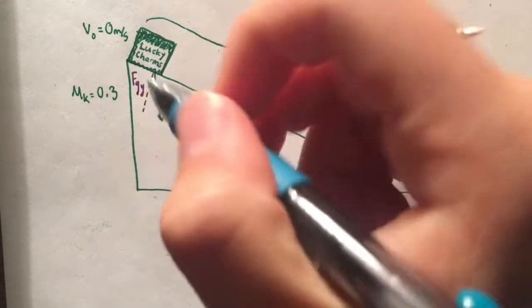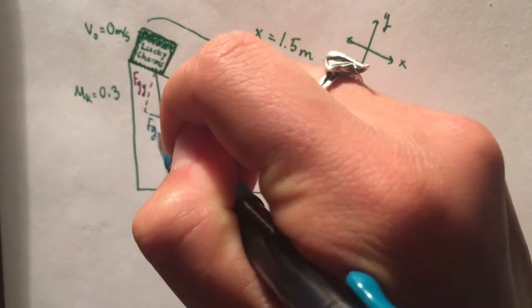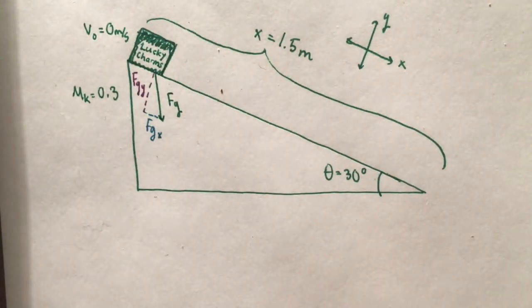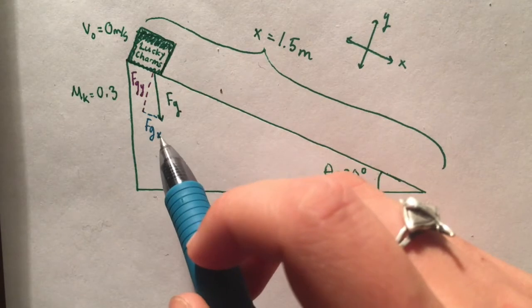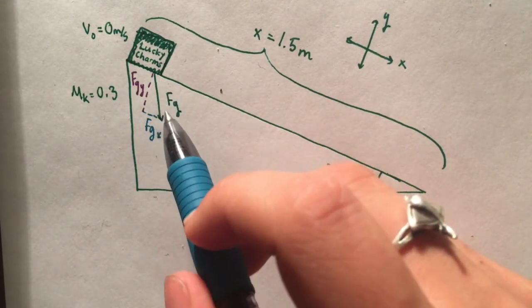And we have F_GX, which is parallel to the plane. If this is confusing, watch the video with the inclined plane problem where there is no friction. I explain why and how to split gravity into its components.